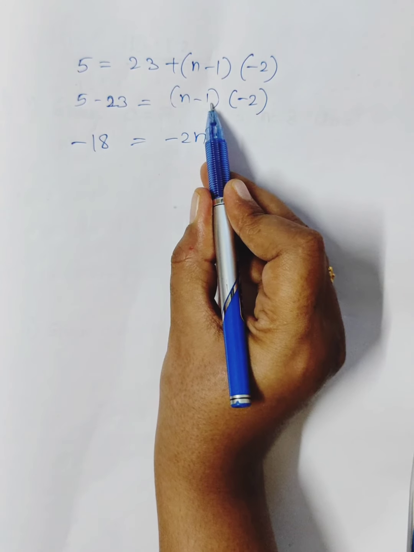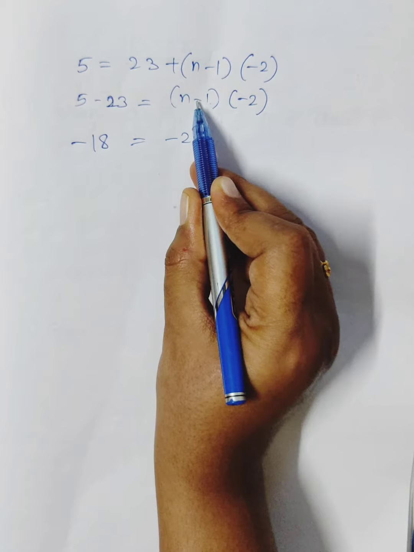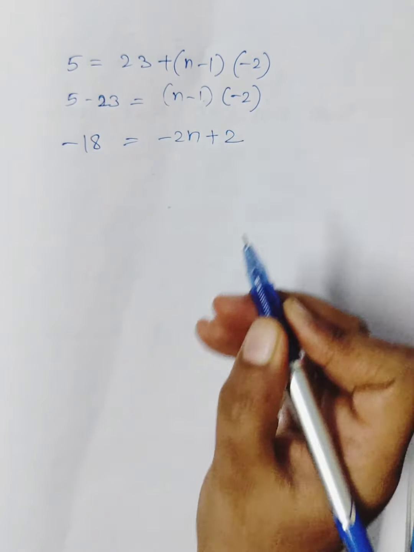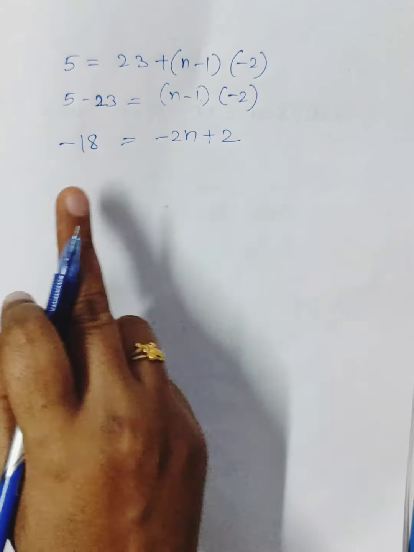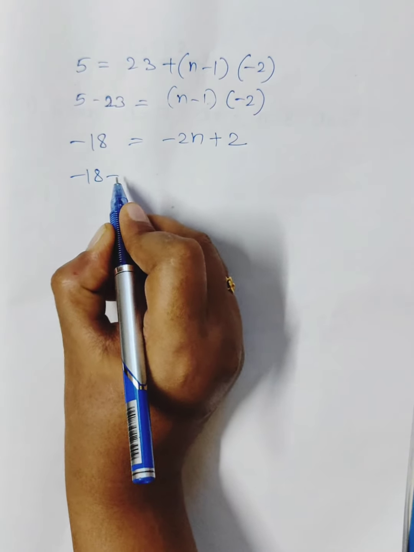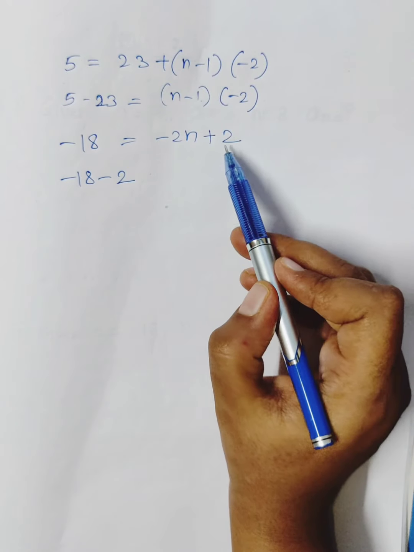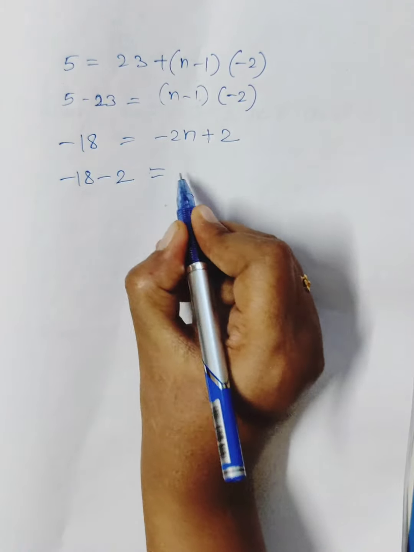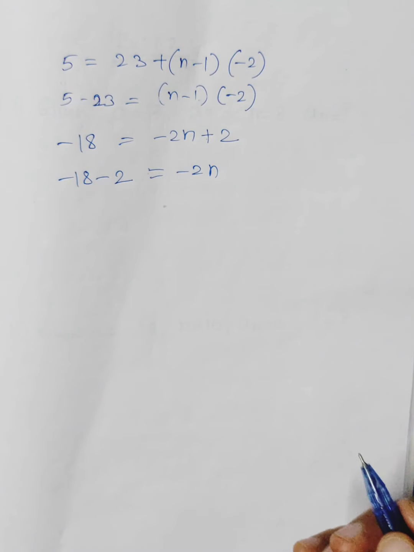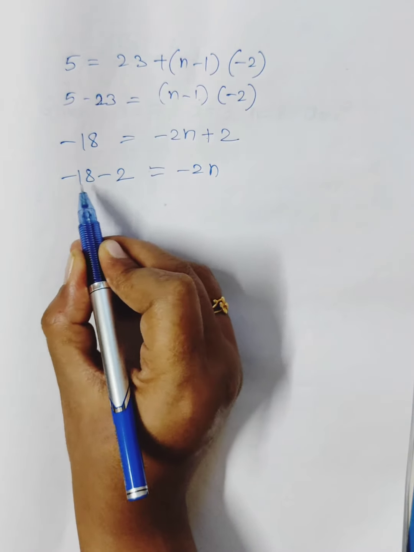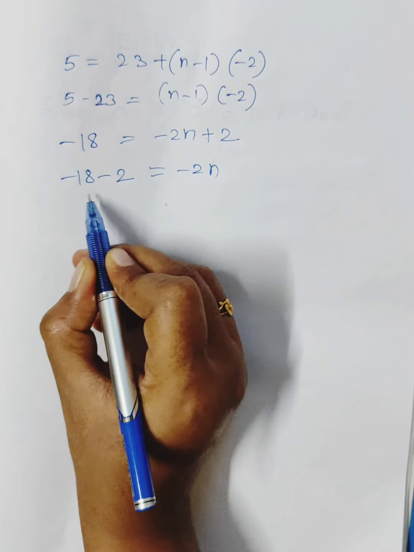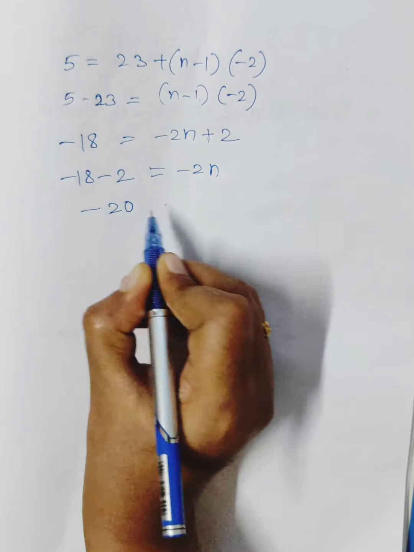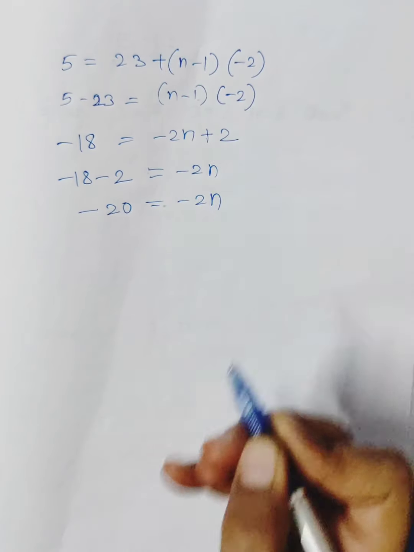Minus 1 into minus 2: minus into minus will be plus, so you get plus 2. Shift this 2 here. When shifting to this side, positive becomes negative. So minus 18 minus 2 is equal to minus 2n. Both are negative, so they get added. 18 plus 2 is 20, but the sign will be negative. Minus 20 is equal to minus 2n.